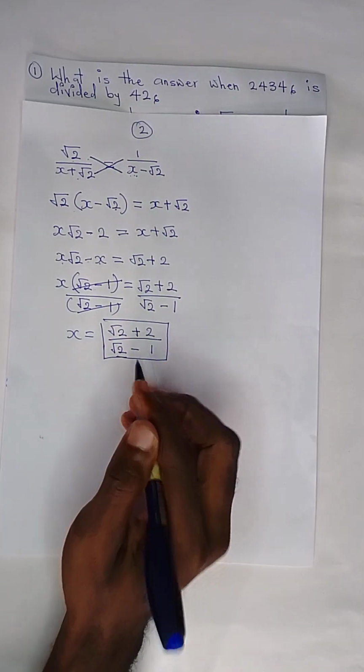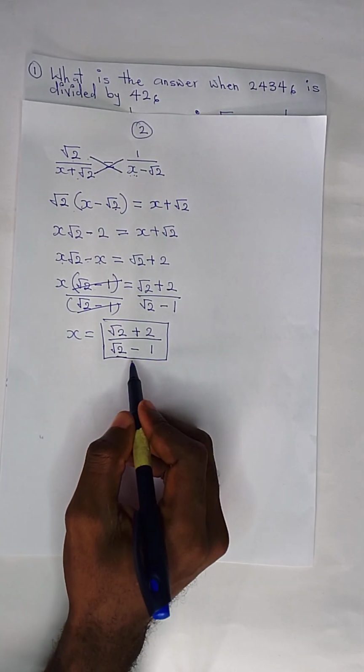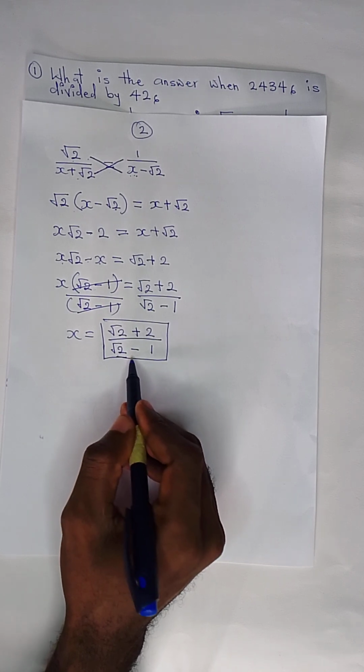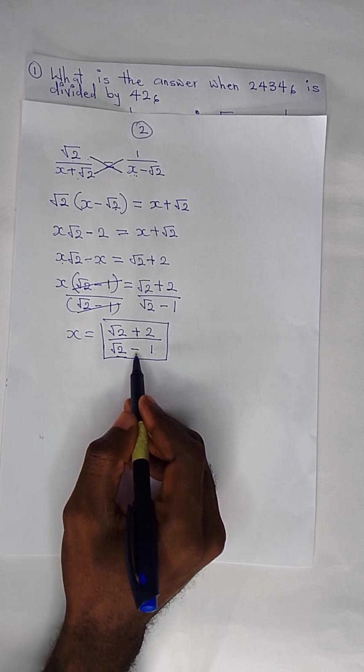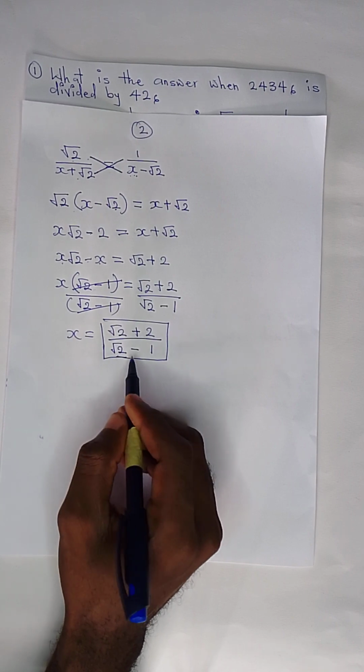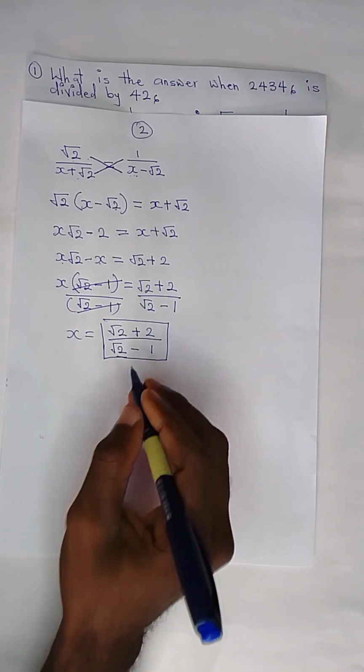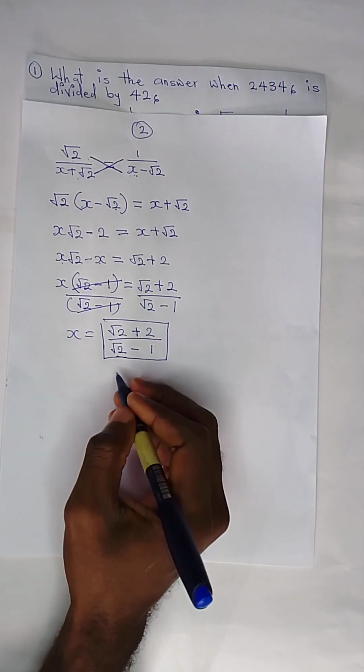But we are going to further simplify this, because when you are solving surds, you don't need to have a rational number at the denominator. So I'm going to rationalize this. Now, what do I mean by rationalizing this? I'm going to first of all find the conjugate now.